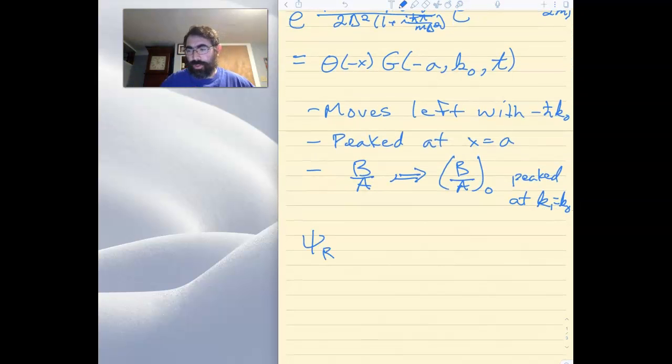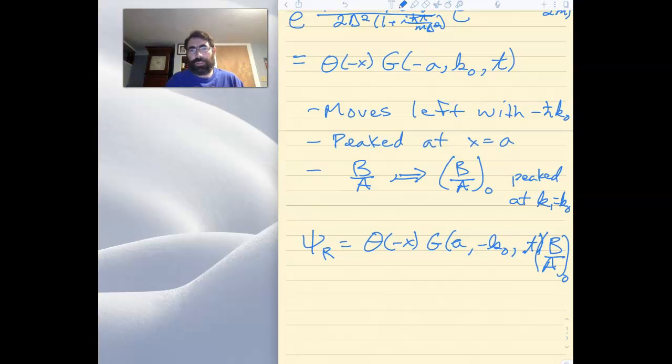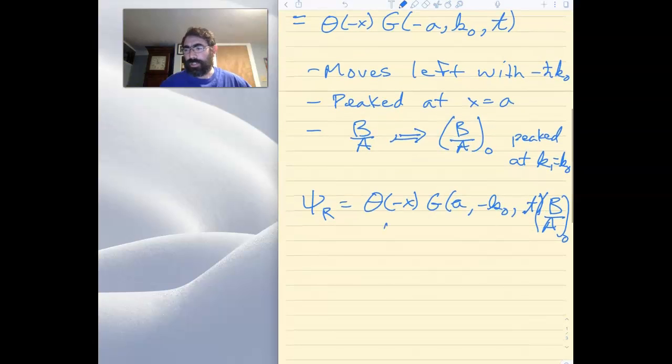So now we can write out the wave function in a very compact form where we put everything inside this Gaussian function of a minus k times t times B over A naught. What's in it is the part that tells us it's on the left-hand side of the barrier, so at x less than 0. This is the Gaussian wave packet, but it's moving now.